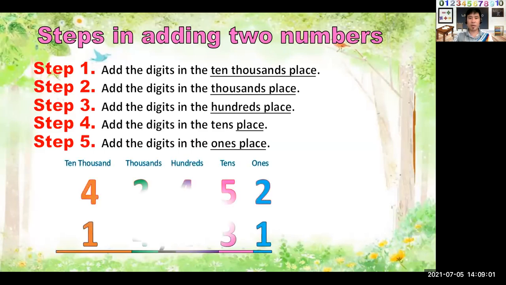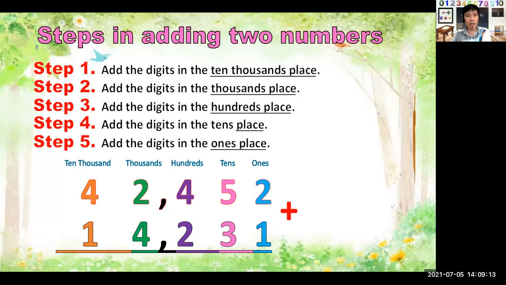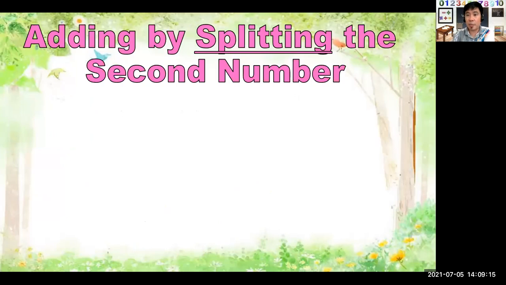Now here we go. Let's say, for example, we will add 42,452 plus 14,231. So, adding by splitting the second number. What is the second number here?